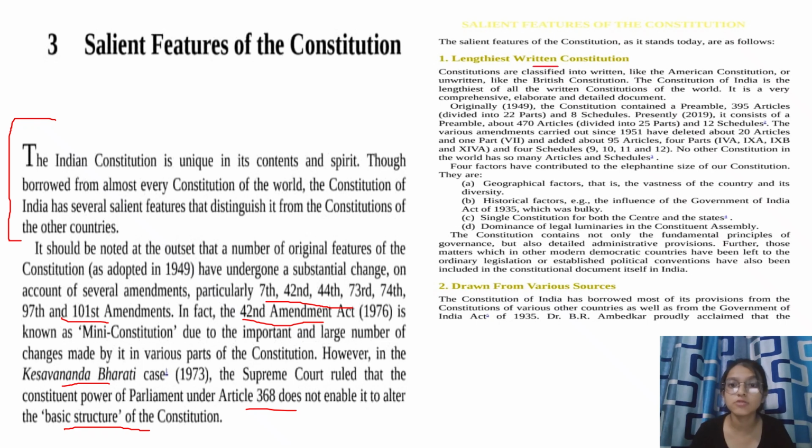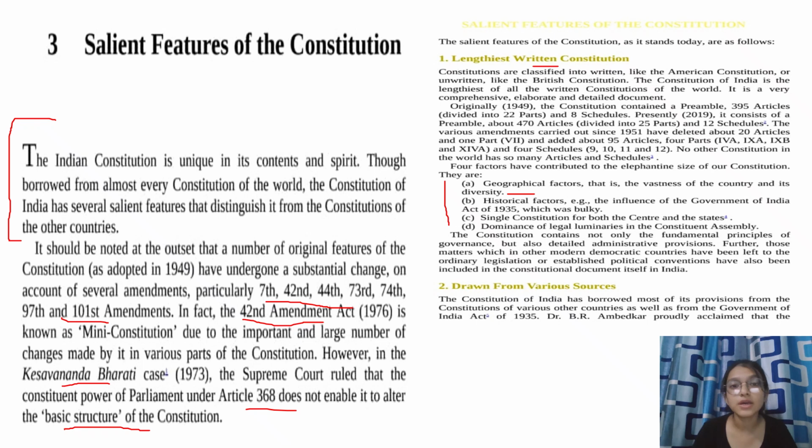Lengthiest written constitution. If we see the constitutions of other countries and compare them with ours, we can easily see the differences, because ours is the lengthiest in the world and it is in written format. And what is the reason behind it being the lengthiest? Due to the geographical factor, that is, the vastness of the country and its diversity.